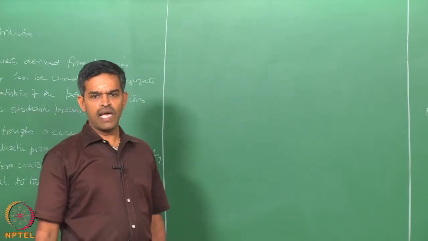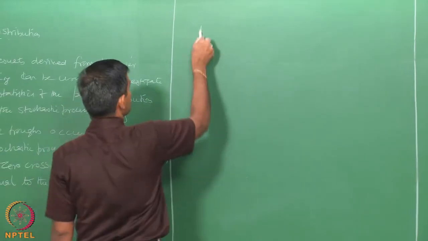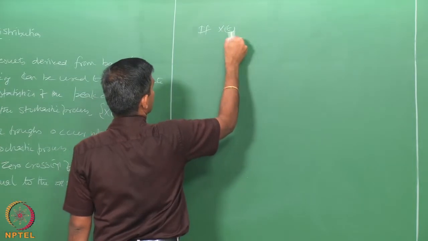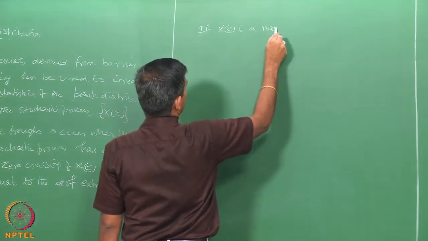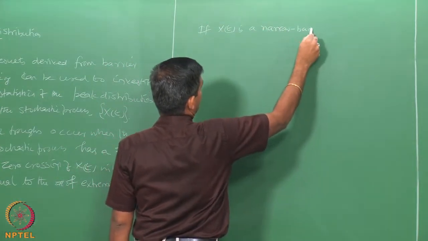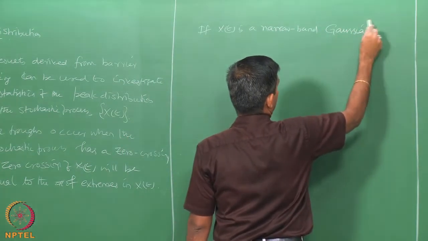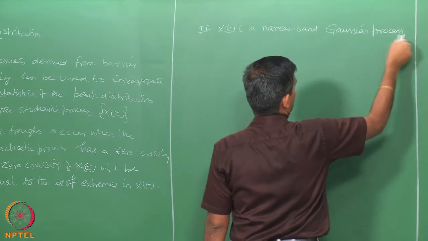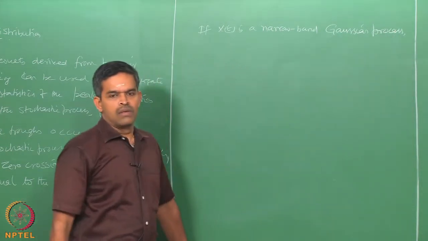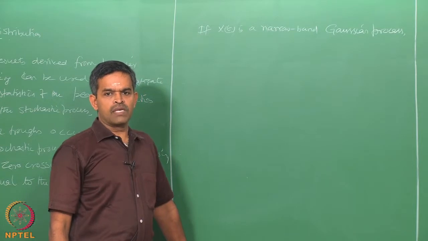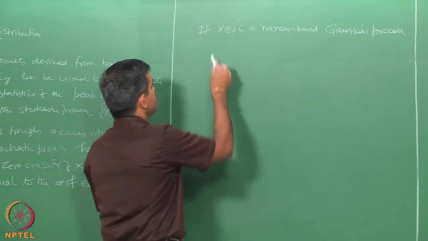If x of t is a narrow band Gaussian process, then the distribution of peaks can be determined in a very simple manner.